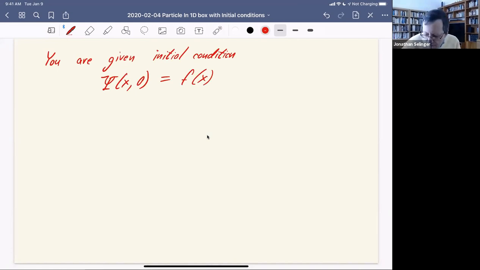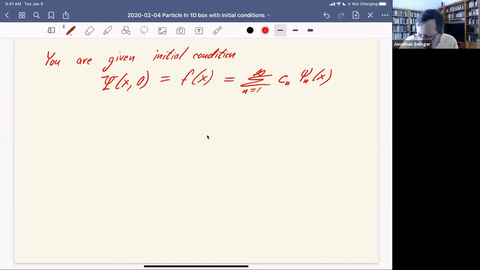Somebody tells you this thing. Perhaps it's a parabola, perhaps it's whatever. And you want to represent it as a sum from n equals 1 to infinity of Cn psi n of x.